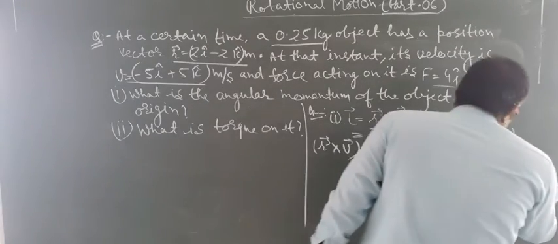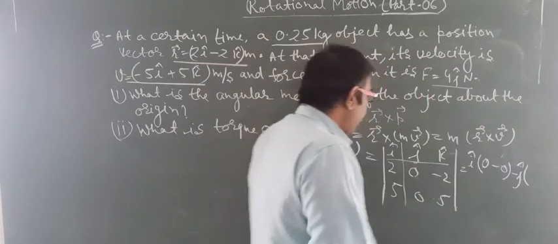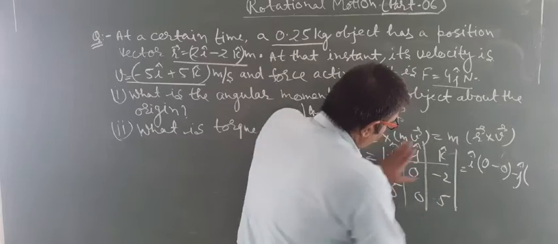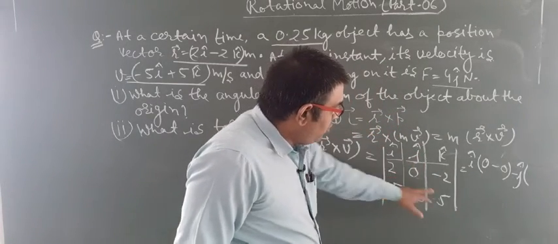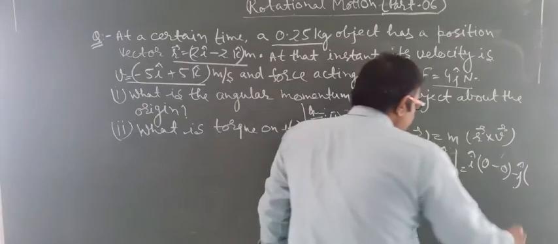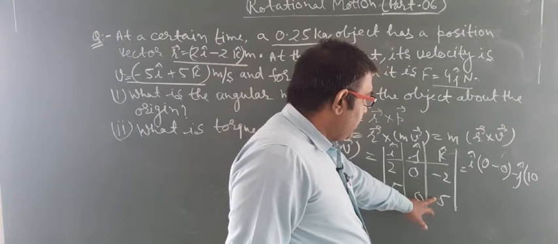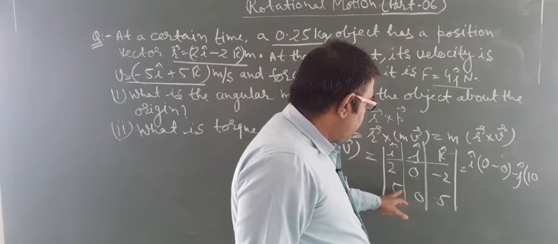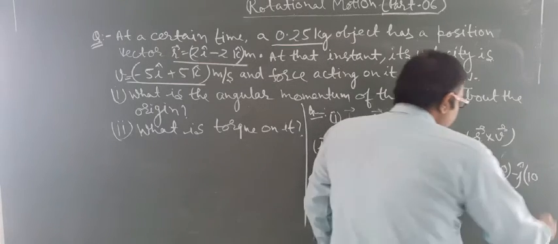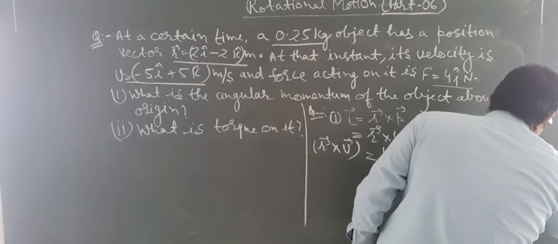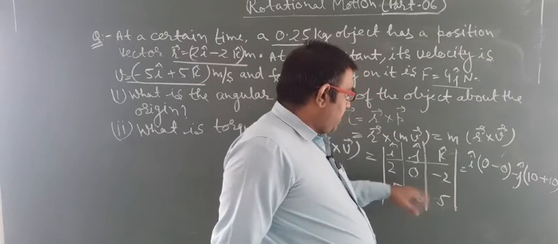Again minus j cap. For j cap, this row and this column will be omitted, and we multiply 2 into 5, that is 10, minus minus 5 into minus 2, that is plus 10, so 10 plus 10 is 20.